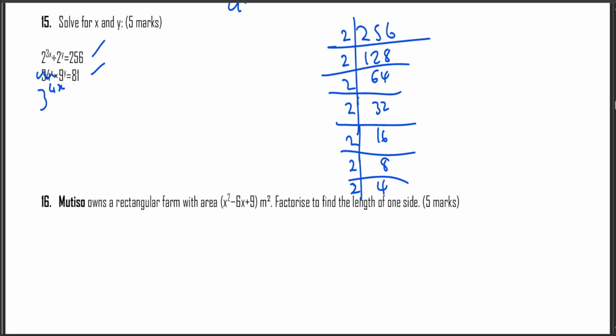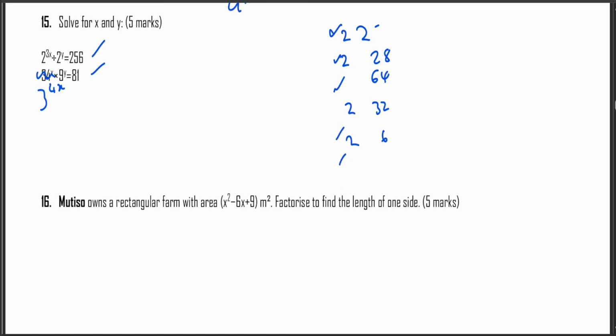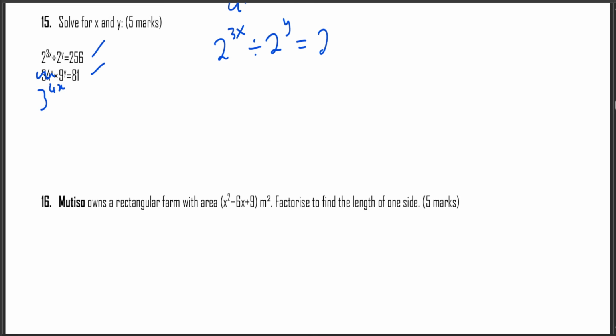Divided by 2, 2, and then divided by 2 again, it should give you 1. So 2 to the power of 1, 2, 3, 4, 5, 6, 7, 8. So that is 2 to the power of 8. But you don't need to do all of this. If you have a calculator, you can just confirm that 2 to the power of 8 gives you 256. So we rewrite this as 2 to the power of 3x divided by 2 to the power of y is equal to 2 to the power of 8.